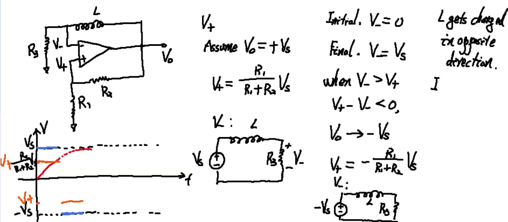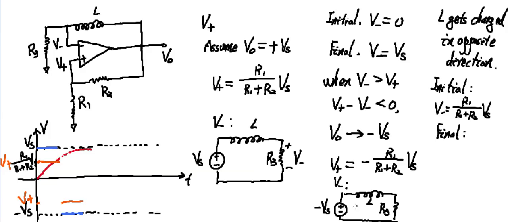Still, we can analyze the initial state, which is the state we obtained in the last stage, which is V minus equal to R1 divided by R1 plus R2 times Vs, which is the same as V plus, because that's a cross point. And then we can also easily know what the final state is.